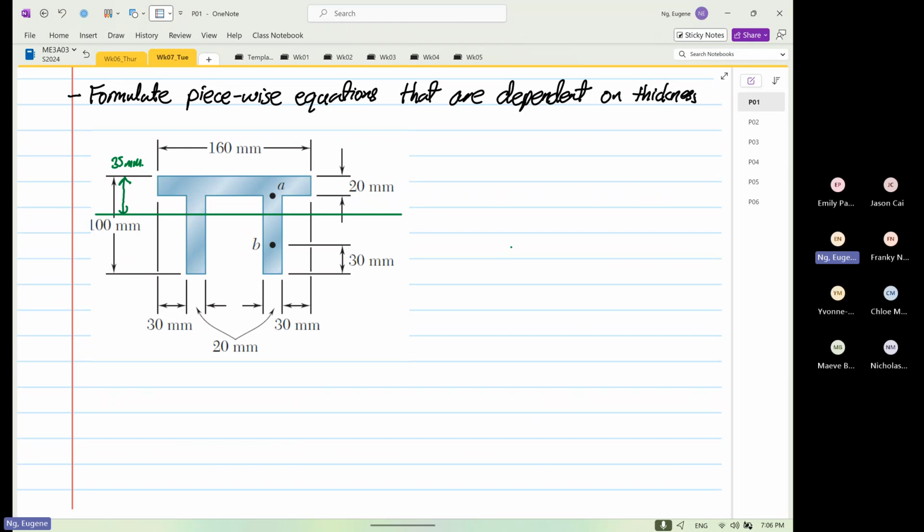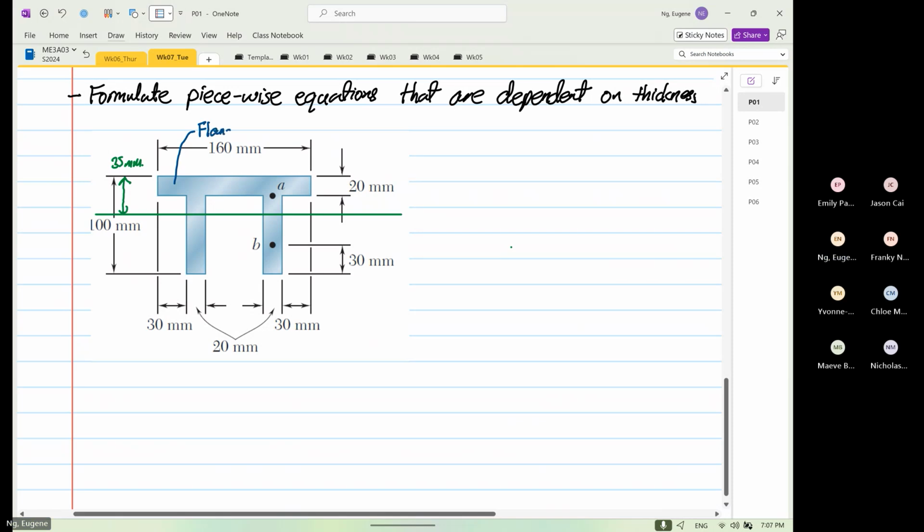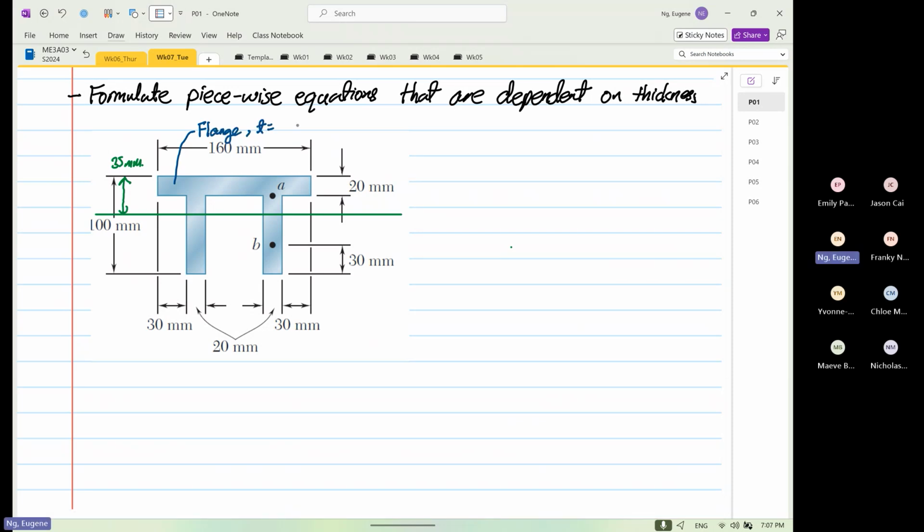We know that the thickness changes, and it changes in two regions. Over here I'll call this the flange. At the flange, the thickness is equal to 0.16 meters. And for the web, the thickness changes to 0.04 meters.